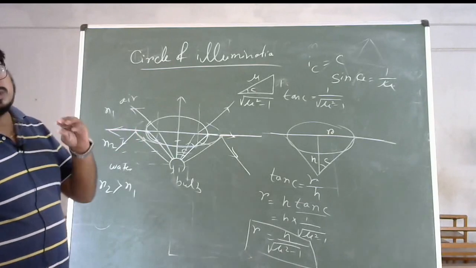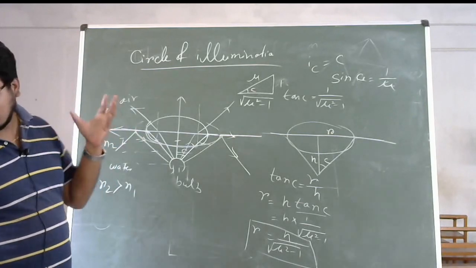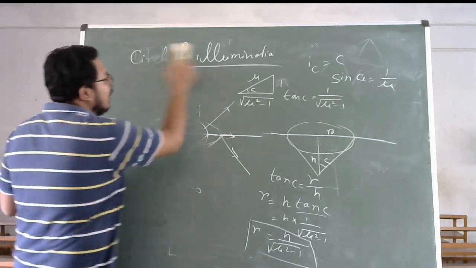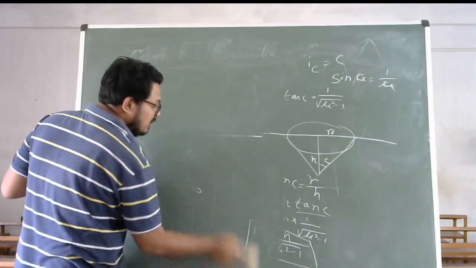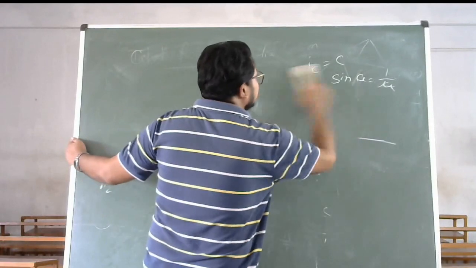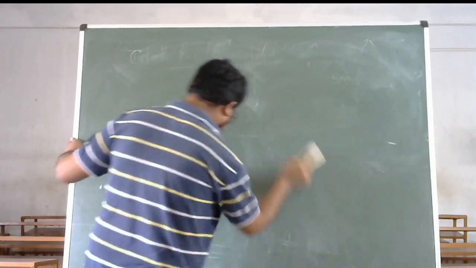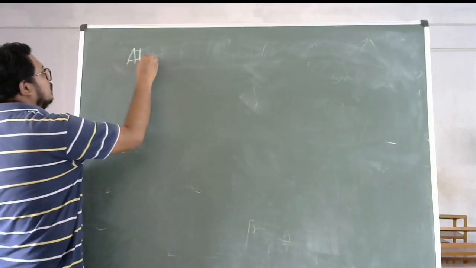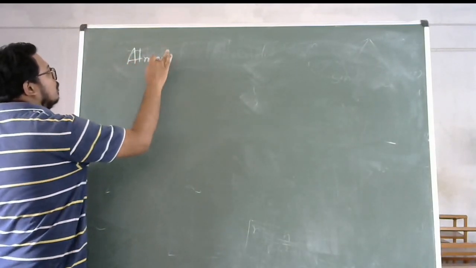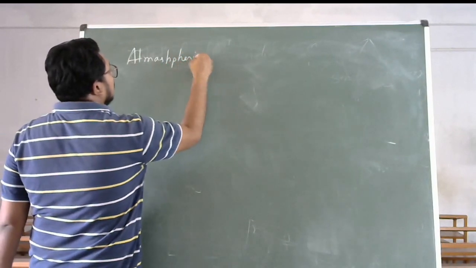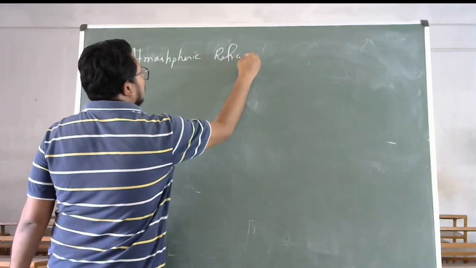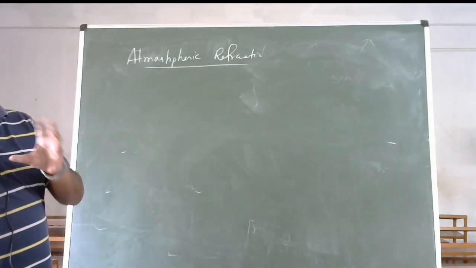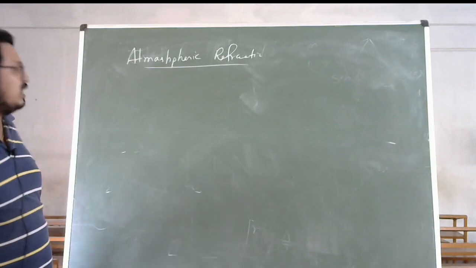Now we will find out some atmospheric effect, some atmospheric refraction also we will see now. For an example, it is there in the book. We will go for atmospheric refraction, the shift of position of sun during sunrise and sunset.